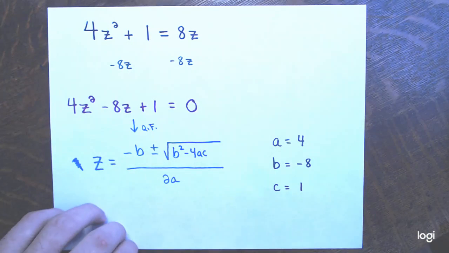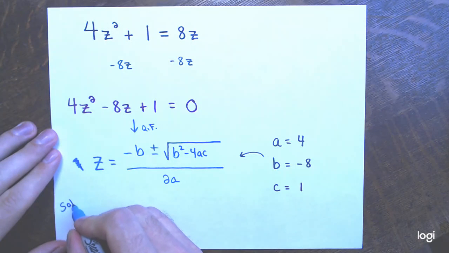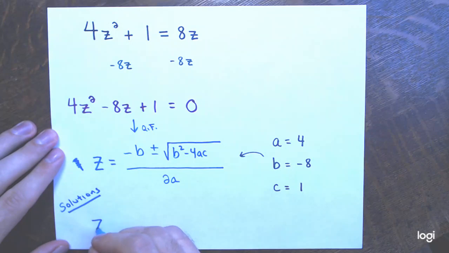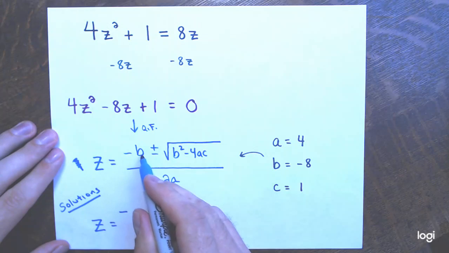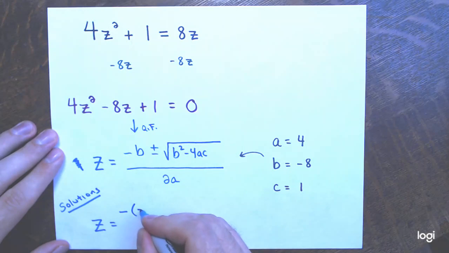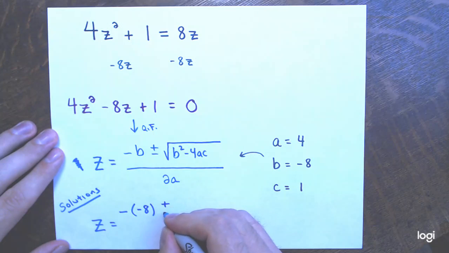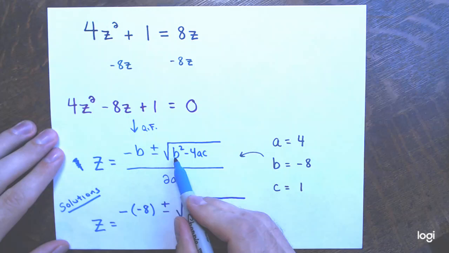All right. So I plug those into the formula, and we're getting the following, right? So the solutions to this equation look like this. Z equals the opposite, right? You got negative of b. Well, that's the opposite of -8. That's going to end up being positive 8, plus or minus the square root of b squared, right?